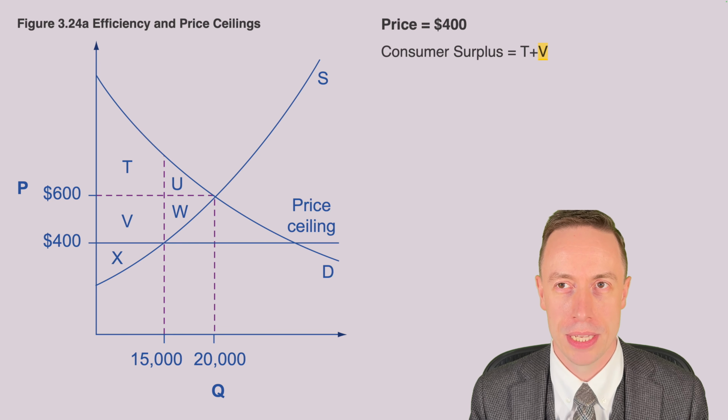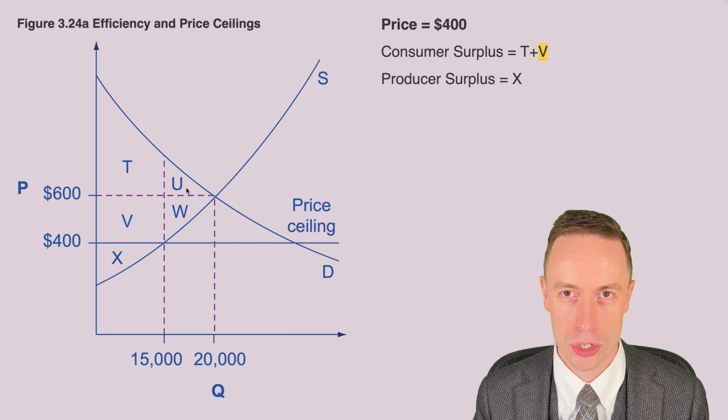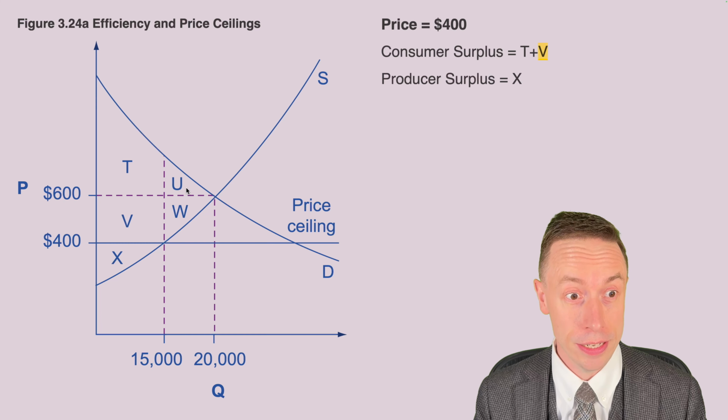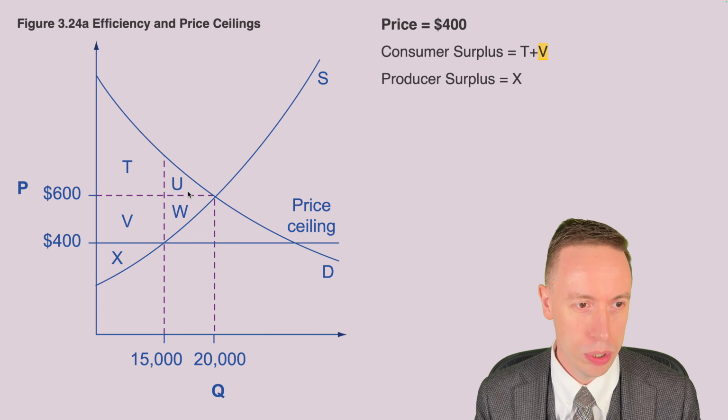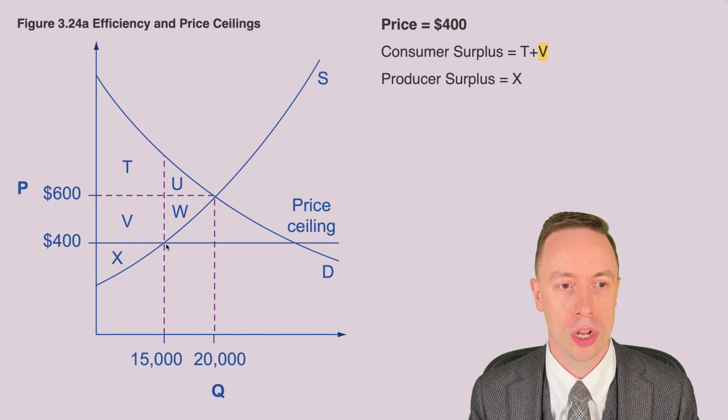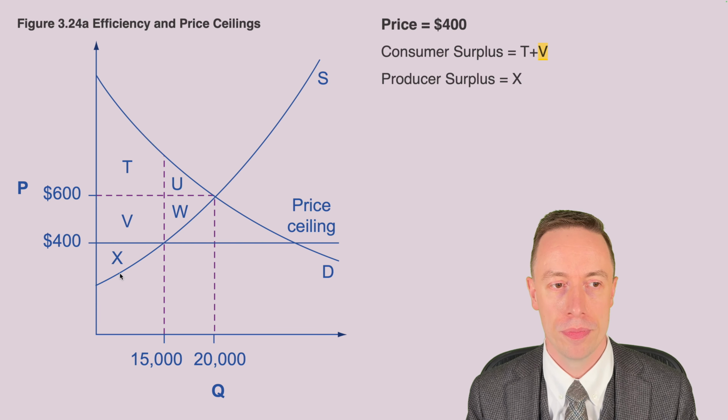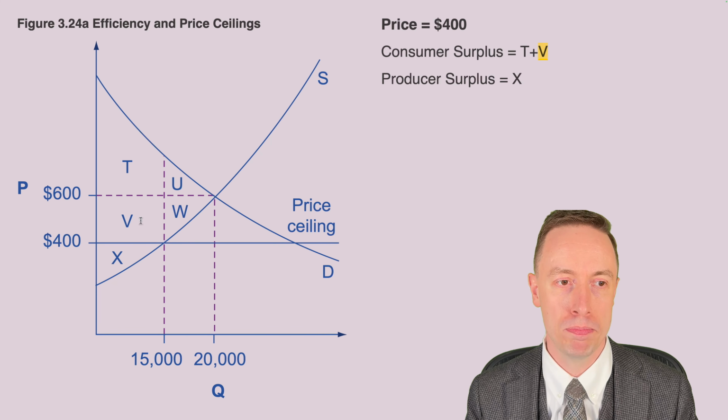Now let's look at our sellers. How do they feel about the situation? Not good. We look below the new $400 price, above the supply curve. Only area X remains. Sellers lose area V: the 15,000 units that they still sell now sell for a lower price.